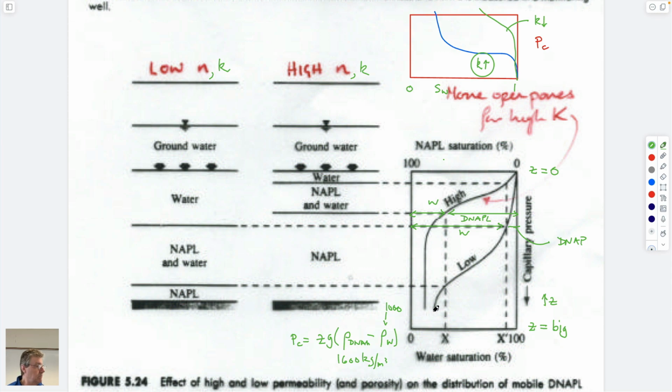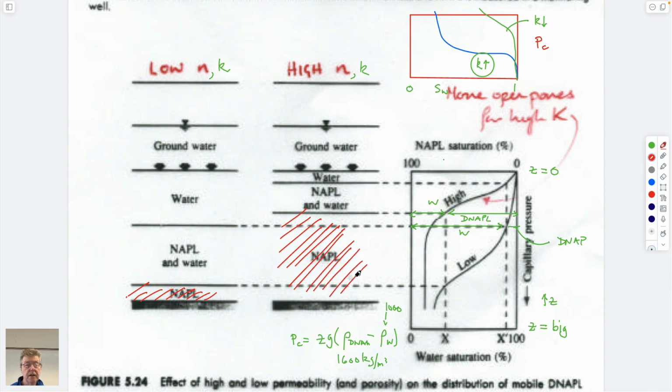And so we can absolutely rationalize exactly why the distributions of these systems should be the same. So this one with low permeability would only have, at very high capillary pressures, very high depths, be fully saturated. So this would be, in terms of what we drew before, our puddle of NAPL, and this would be our puddle of NAPL in this particular case.